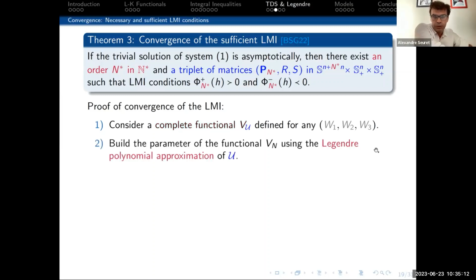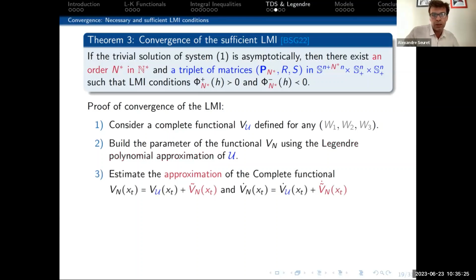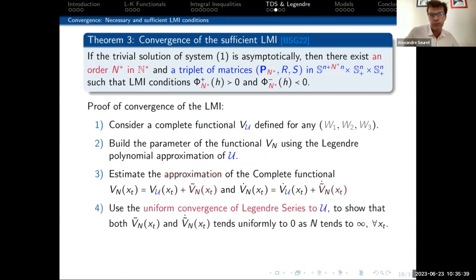Then you build the parameter of the Lyapunov function for the Legendre case, based on the Legendre polynomial approximation of the Lyapunov matrix. Then you compute the difference between the Lyapunov matrix at order n and the complete one. You get some terms that represent the error of approximation.